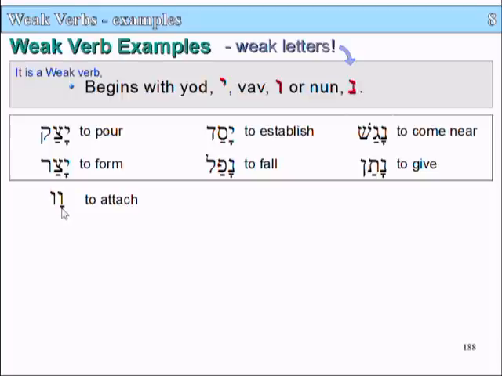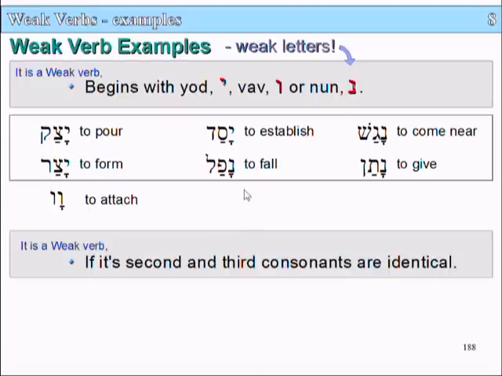You put a vav at the front of a word, and it means and, attaching two different things. In any case, the verb vav, to attach, is a weak verb.